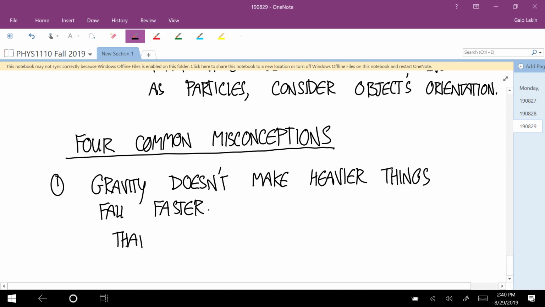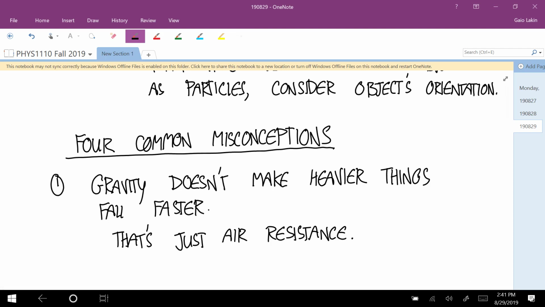So that's just air resistance. And we'll talk about how air resistance affects different things differently. And I'll show a video, this amazing video where they have this giant vacuum chamber and they take all the air out of it so there's no air resistance.